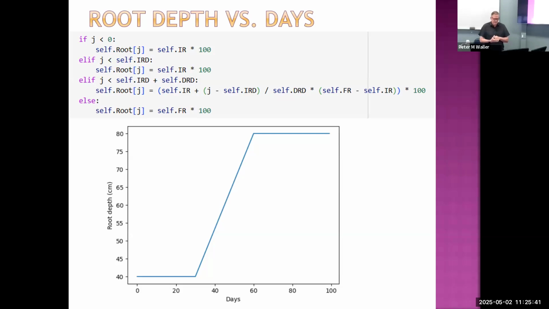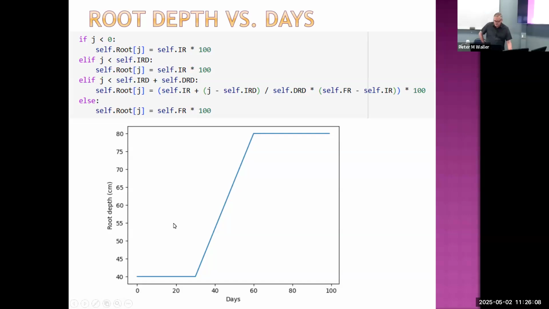But if I was trying to agree with a sensor in the ground, which I'm going to be trying to do, I would start them at 10 centimeters and let them grow down, because I wouldn't want to say that my roots were extracting water from the second layer to start with. I would want to be more accurate. But typically with this kind of modeling, you just say the roots start at 40 centimeters and you don't worry about what's happening in the very early season.